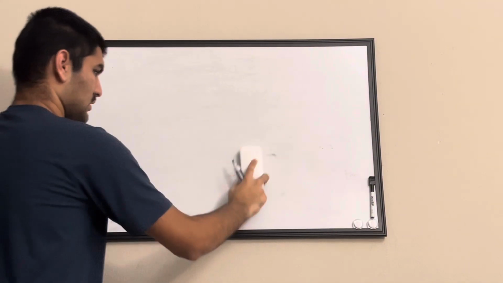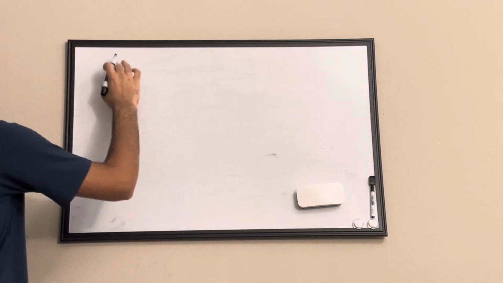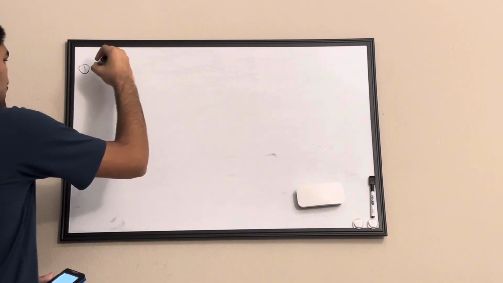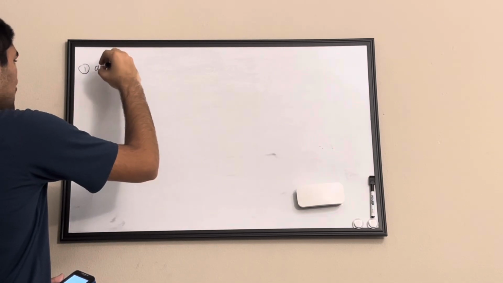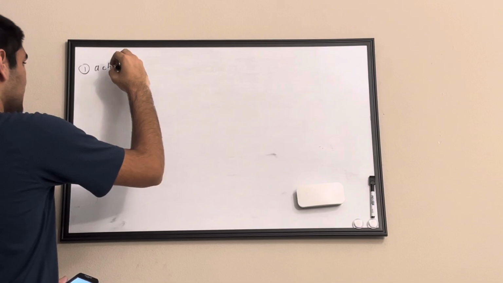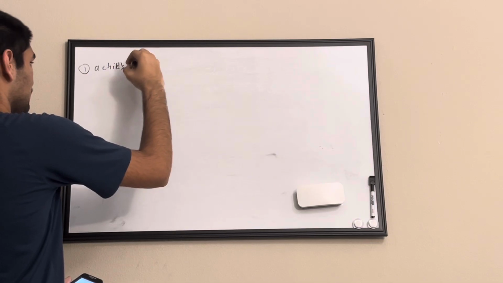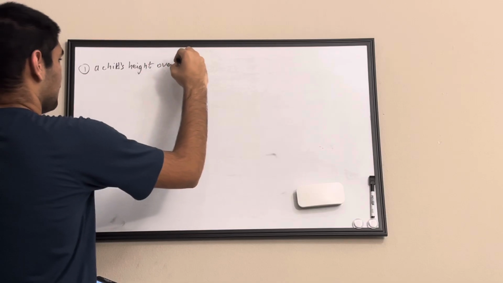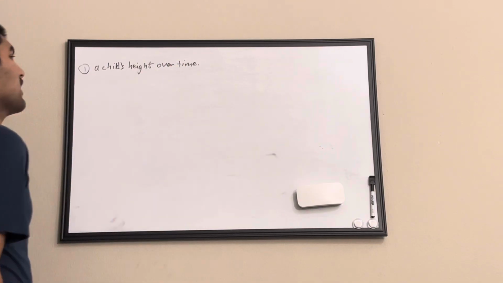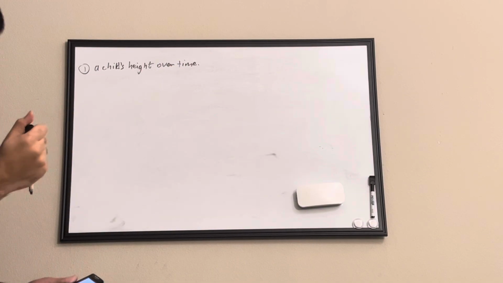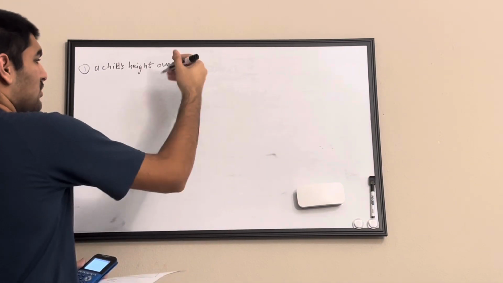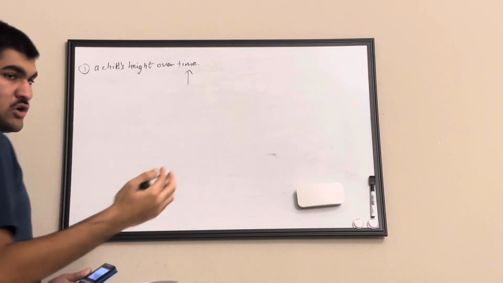So I'm going to give you some scenarios and you can decide whether it's a positive or negative rate of change. The first one, let's say, is a child's height over time, right? So is this a positive rate of change or a negative rate of change? Well, to start, you can notice that time is always an increasing variable.